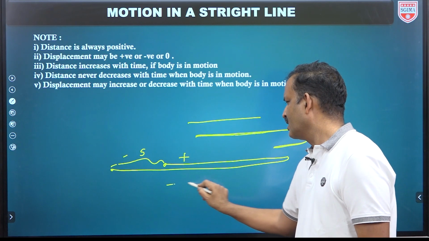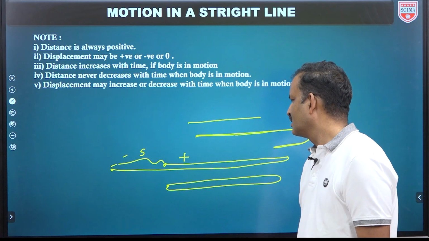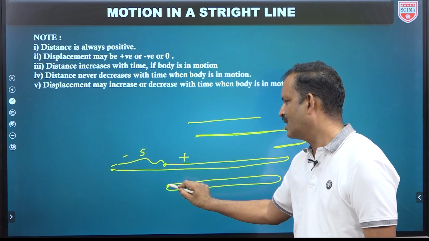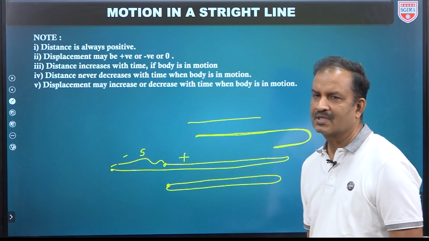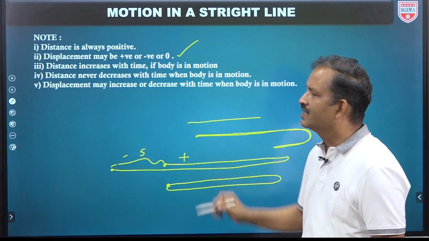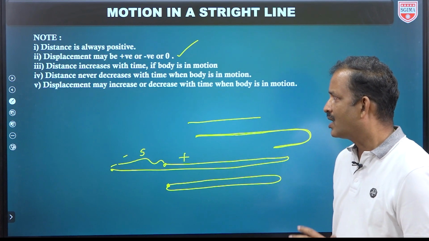Suppose the body comes back here only, then displacement is 0. Initially it started here, finally also it comes here, means displacement is 0. But the distance is the length of the path, so it is always positive.